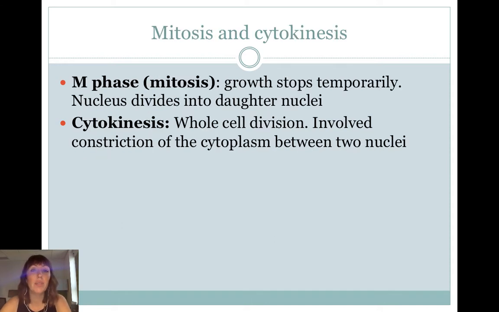When you're looking at mitosis specifically and cytokinesis, M phase in mitosis is where growth stops temporarily, and the nucleus will divide into daughter nuclei. Cytokinesis is whole cell division at this point, involving the constriction of the cytoplasm between the two nuclei. So you have the nucleus dividing in M phase during mitosis, and then the whole cell division in cytokinesis.